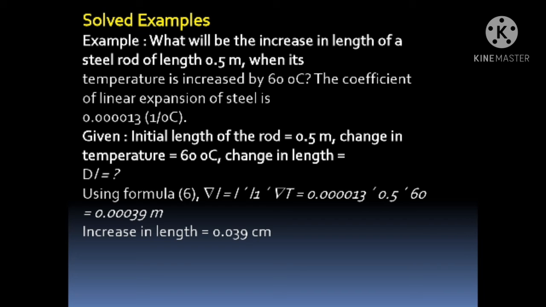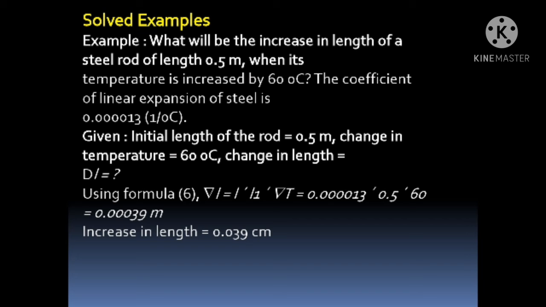So we will rearrange the formula. We will take L2 minus L1 on the LHS and all the other terms on the RHS. So what will it become now? L2 minus L1 is equal to 0.0013 multiplied by 0.5 multiplied by 60, because lambda's value is given, L1 value is given and delta T value is also given.